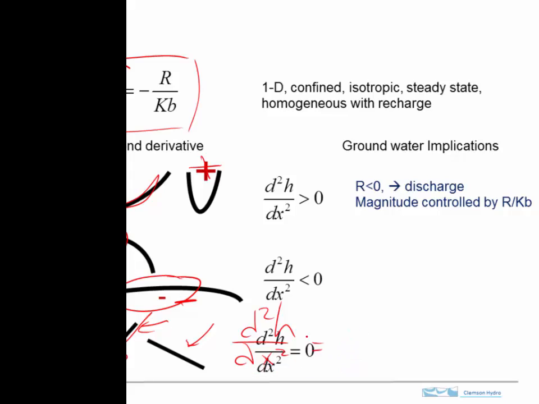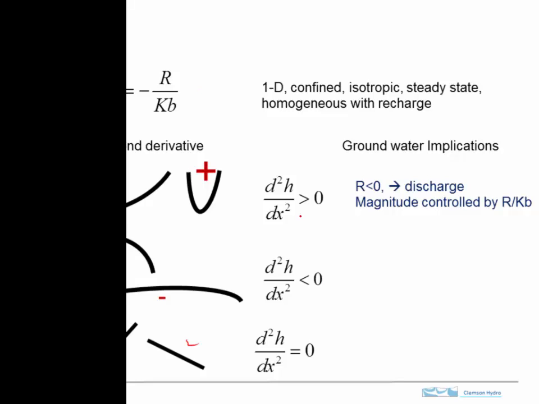And we can then come up with some implications here, because where the second derivative is greater than 0, then this is positive, and where this is positive, then the recharge had better be negative, right? Because recharge needs to be negative to cancel out that negative sign. Okay, so if the recharge is negative, that means that water is discharging out of the aquifer.